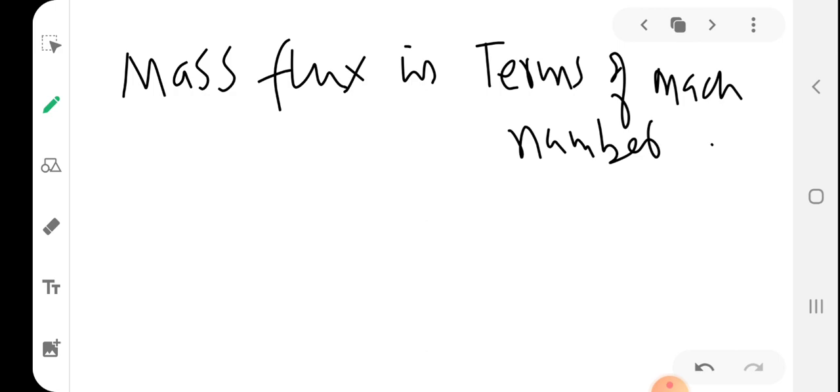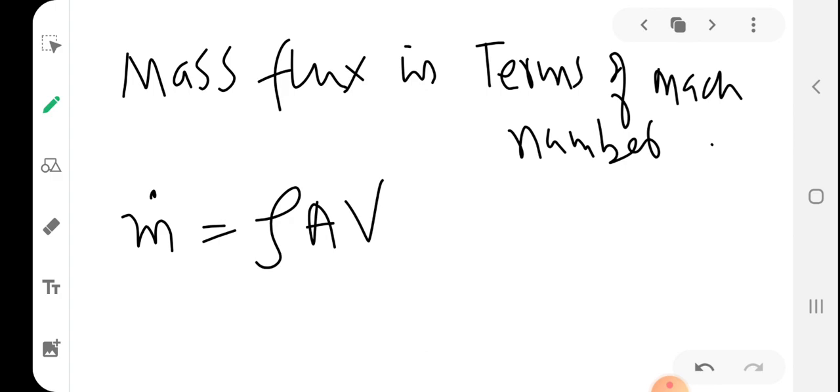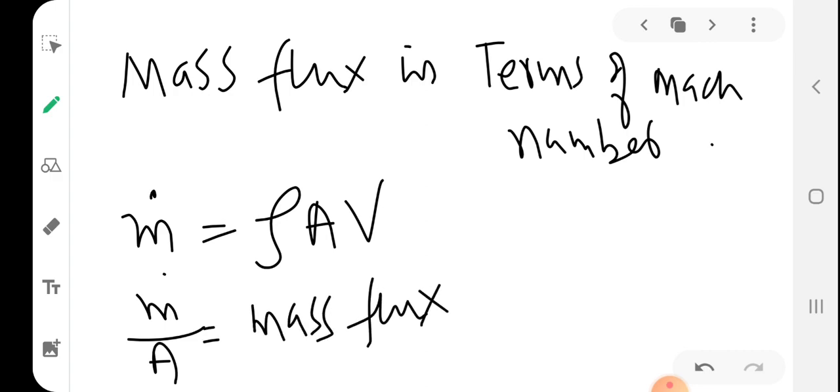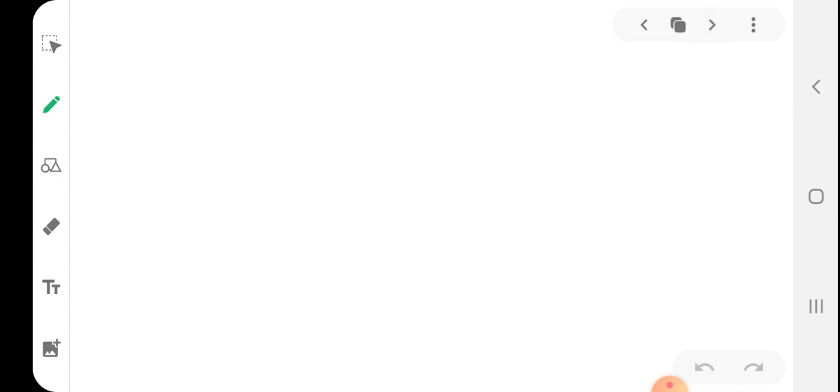Mass flow is m dot, which is rho A V. Mass flux is mass flow per area, so m dot by A is equal to rho V.